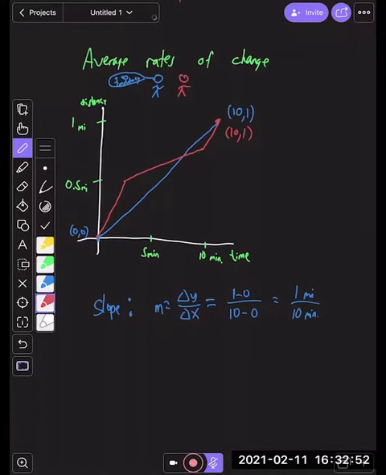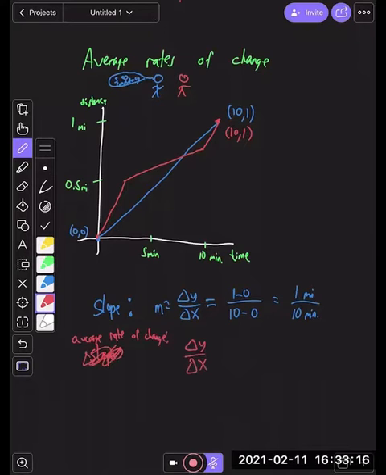However, the interesting part is what happens with the red guy. Well, red guy, if we calculate the average rate of change or slope, whatever we want to use here, average rate of change for the red guy, we can use that fancy new vocabulary. We're going to have change of y over change in x.